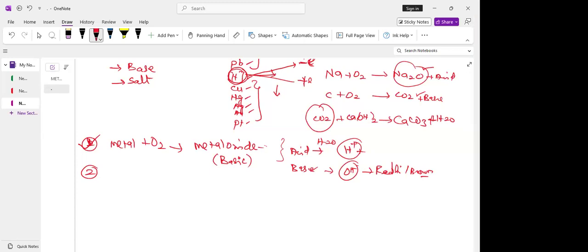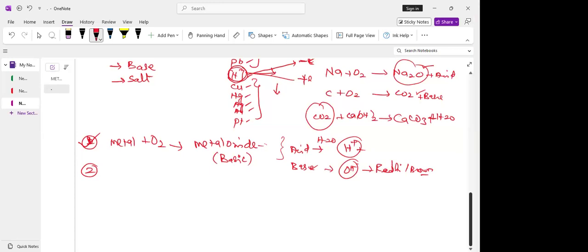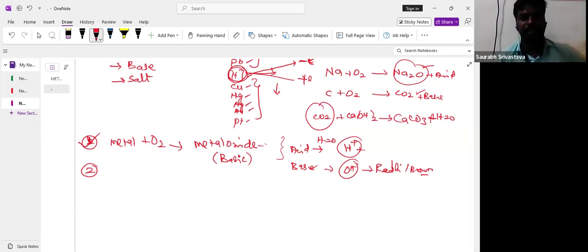And salt? Understand? So next, salt. Salt is neutral, sir. Salt we have in different categories. Based on the things, we can say acidic salt, basic salt, neutral salt. Now NaCl is a neutral salt. That's why we are using it in daily life. Acidic salt means ammonium chloride, NH4Cl.